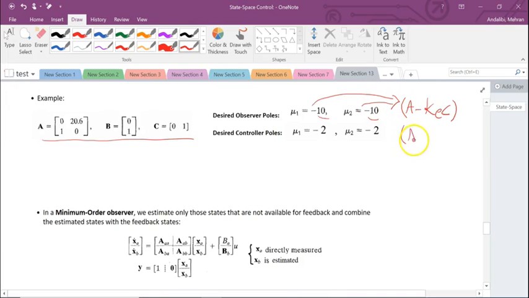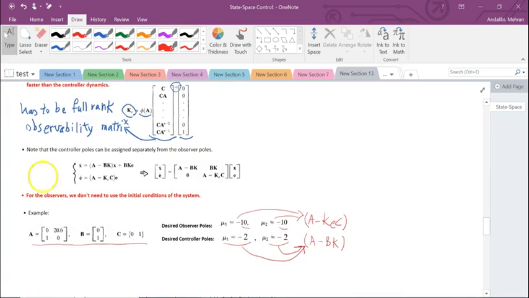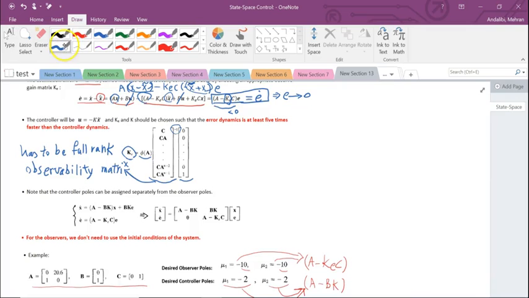And the poles of A minus BK, the controller matrix, are at -2 and -2.